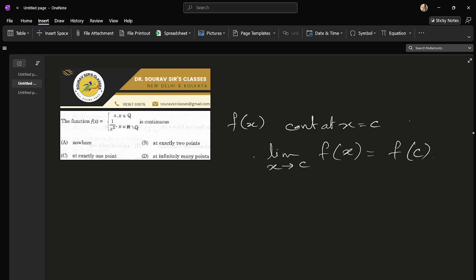Let us take x equals 0. Then what will happen? If x is rational, then f(x) equals x, and for irrational x, f(x) will be 1 by x square.